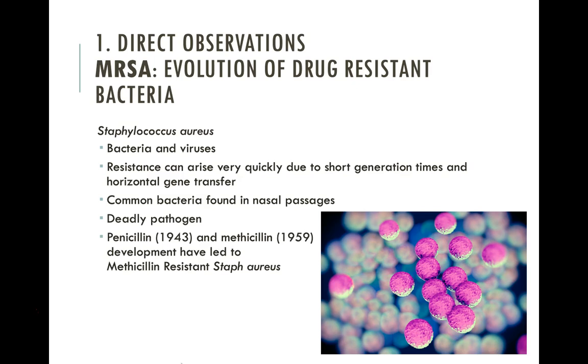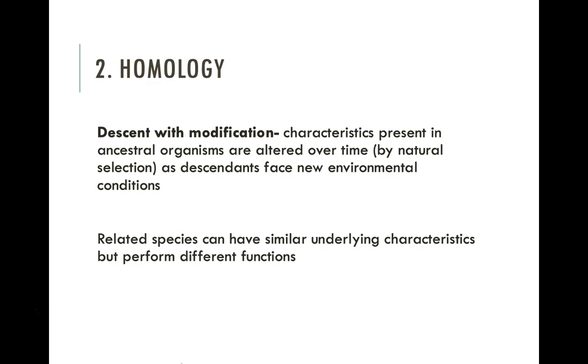So here we have another example of evolution actually working that we can see happening. So besides directly observing it, there are some concepts that help us see the process of evolution. So remember we talked about descent with modification.